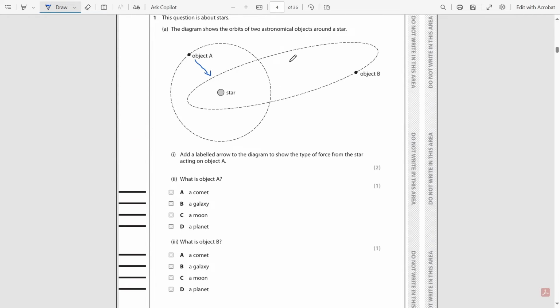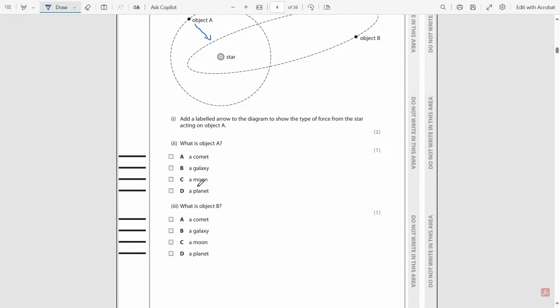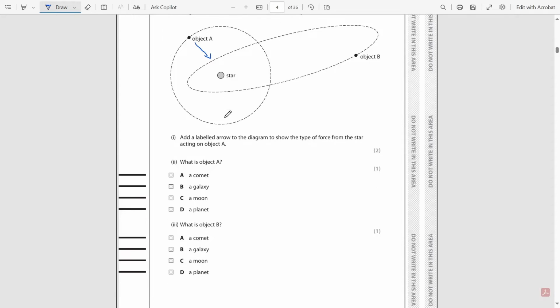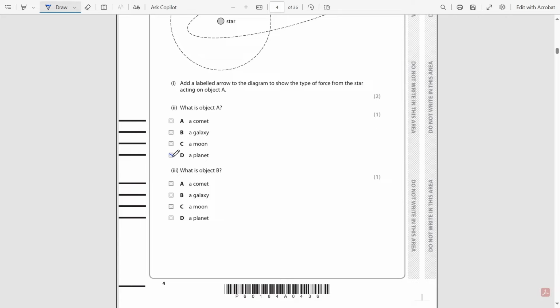A galaxy is mostly made out of stars anyway. It cannot be a moon, because if this were a planet, my mistake, my brain is acting up today, then this would be a moon. But no, it can't be a moon. So it must be a planet.